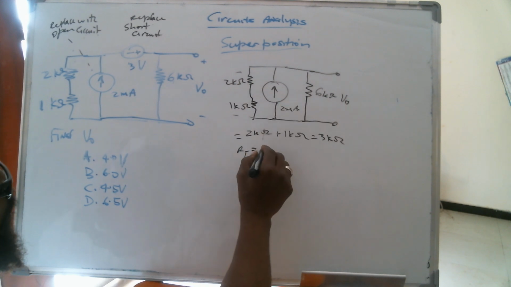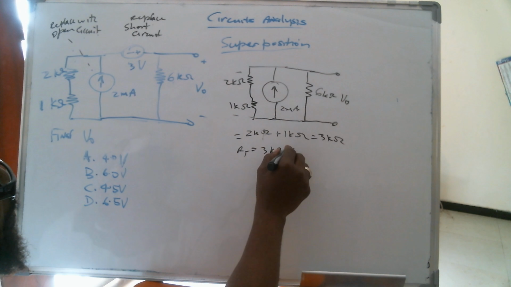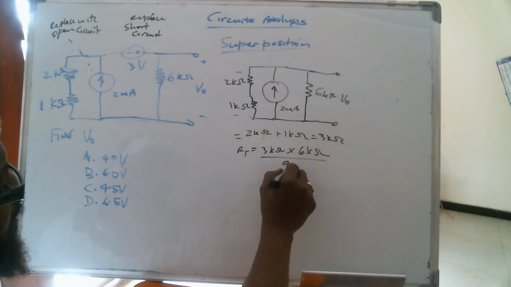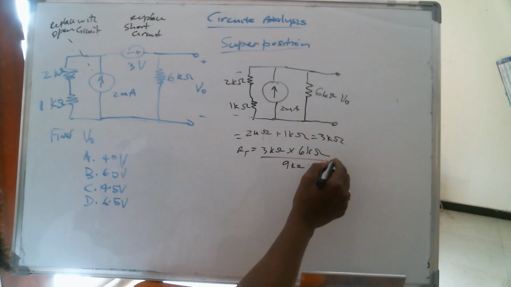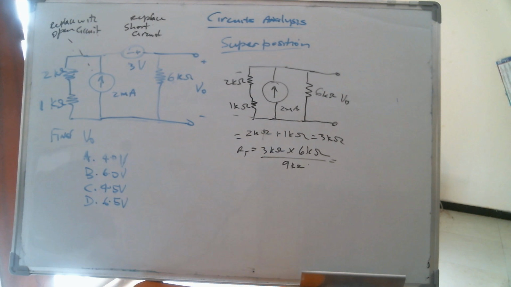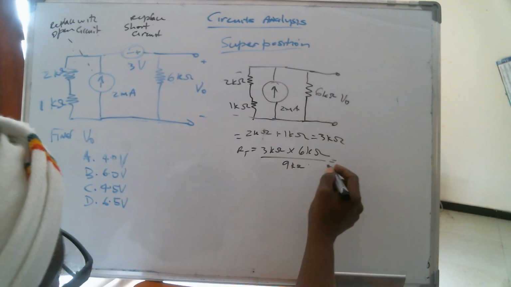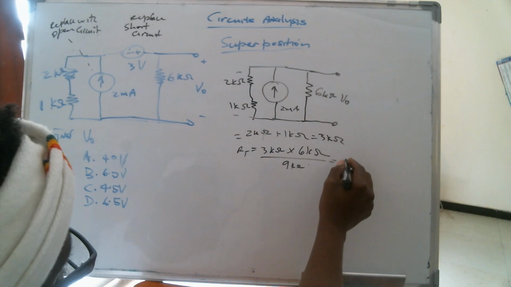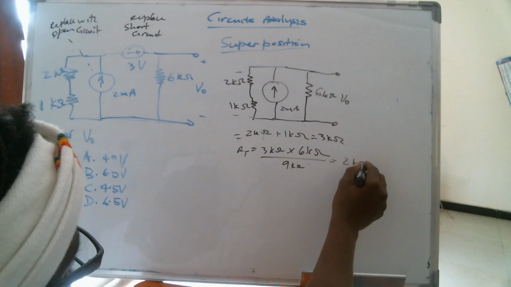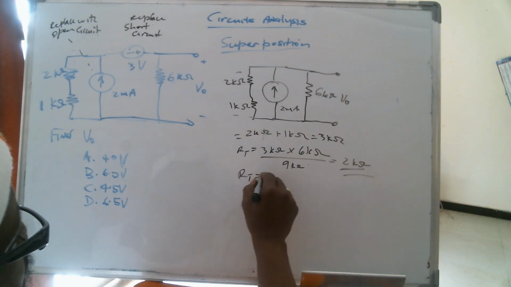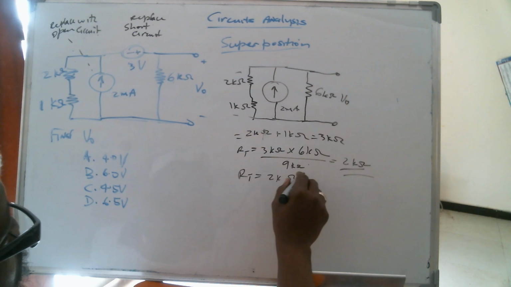So product over sum is 3K ohms times 6K ohms over 9K. That should give you the total resistance, and that works out to 18 divided by 9, which is 2K ohms. So that is the total resistance of 2K ohms.